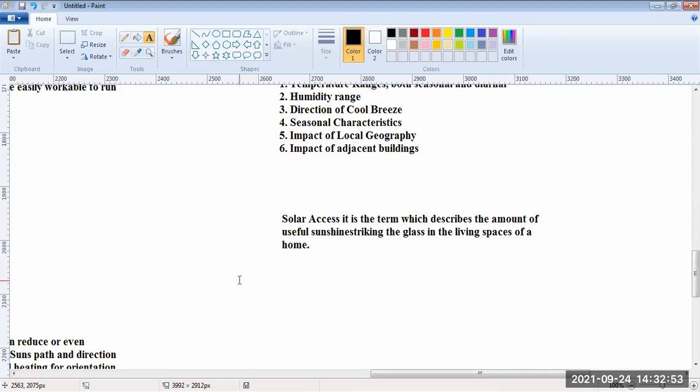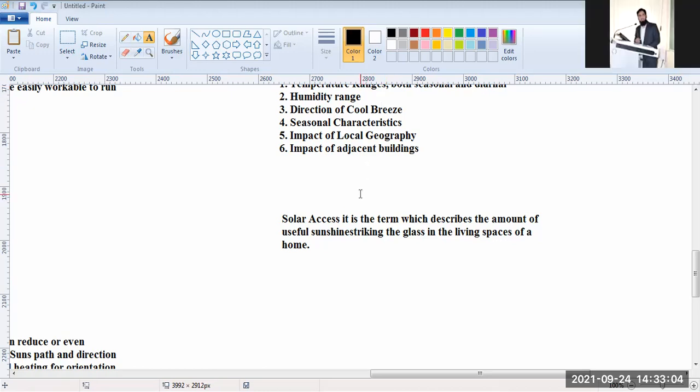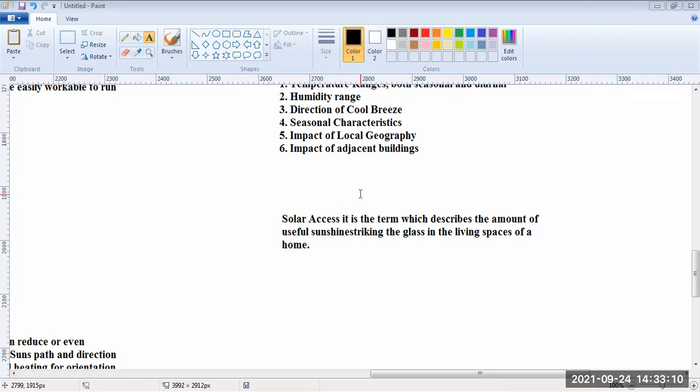A good site orientation would always be facing the street as well. But you have to take into account whether you are making your house passive energy conservation or not. I have this figure.